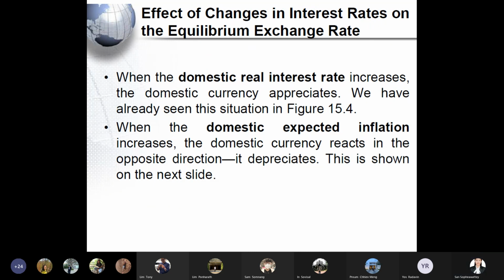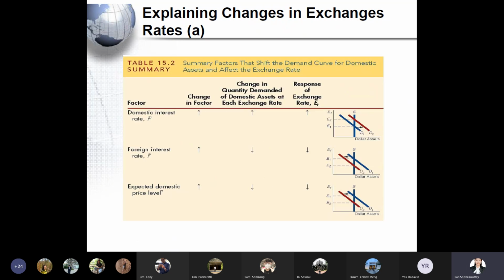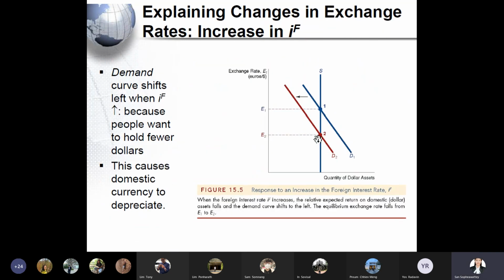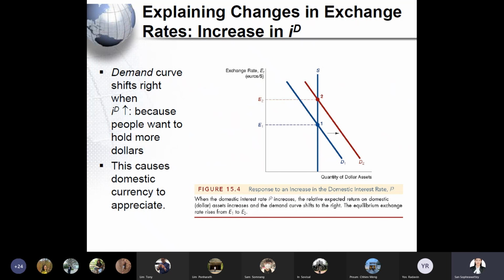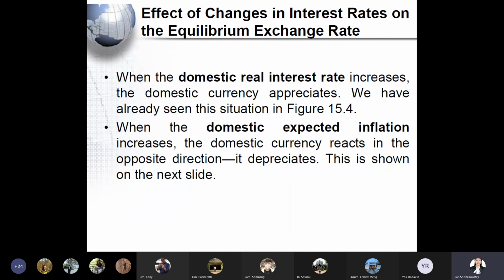So there is a case where we have an effect of changing interest rates on the equilibrium exchange rate. So in this figure, we already see that there is an effect of interest rate on the equilibrium exchange rate.